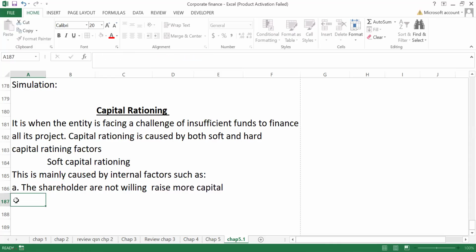Number two, when there is a limit on the amount to spend, you may find that the manager has been given a limit on the amount the manager can spend. You have a good project, but you cannot exceed a certain limit of money spent in a given period.